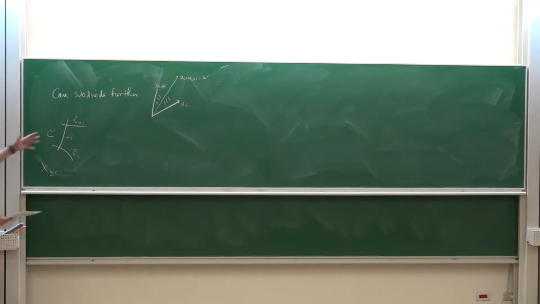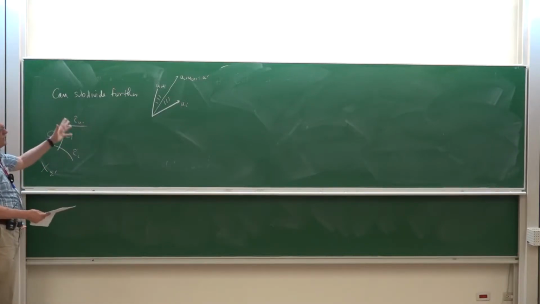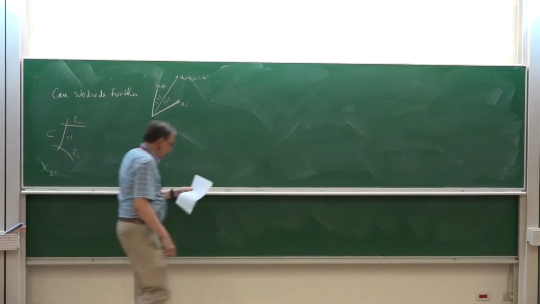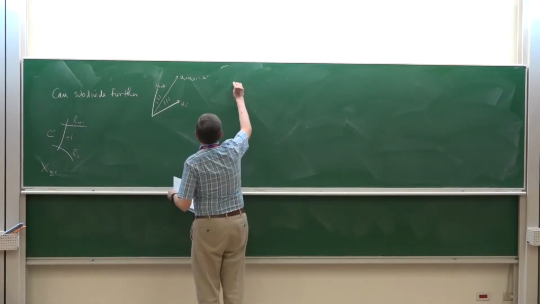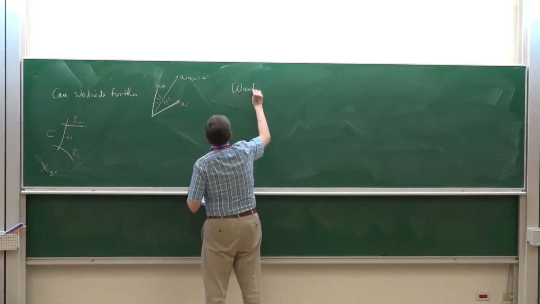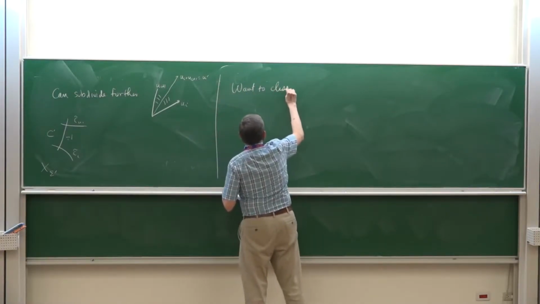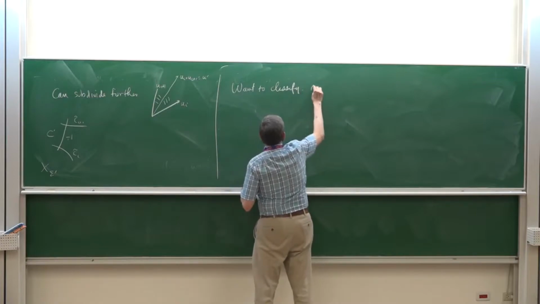But the way I get these infinitely many is that I'm basically just getting more and more -1 curves. And so what you want to classify are minimal ones.